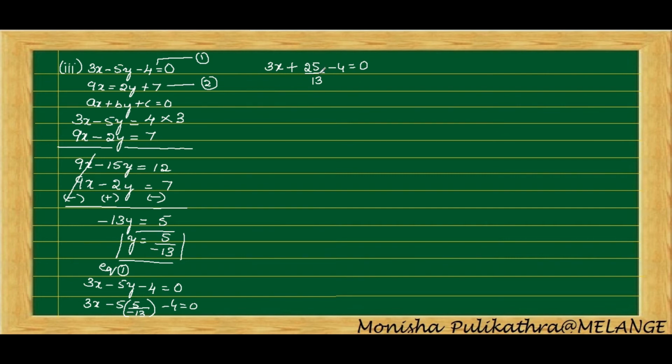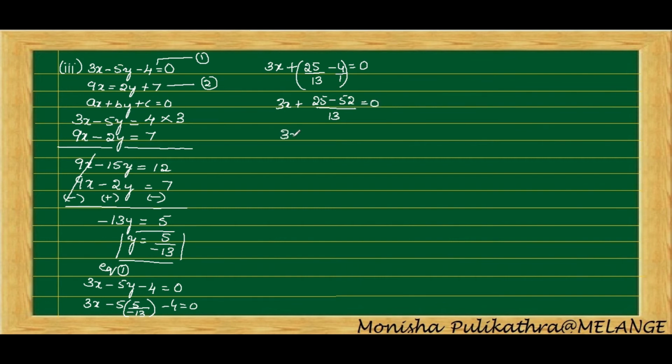Okay, so next I will simplify only these two terms now. Okay, so 3x plus, here 13 will be the LCM, so 13 ones are 13, 1 into 25 is 25, minus 1 13s are 13, 13 4s are 52.